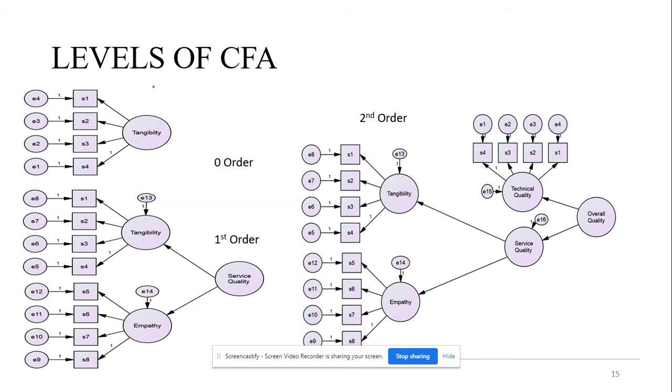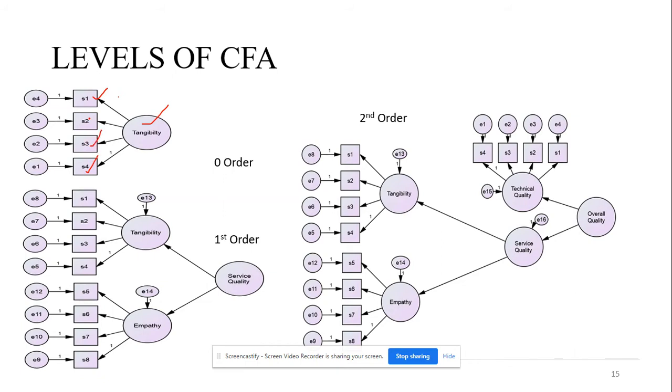model, we have to do CFA. There are multiple levels of CFA. Suppose this is a latent variable, and this is an observed variable. This latent variable is linked to these observed variables.